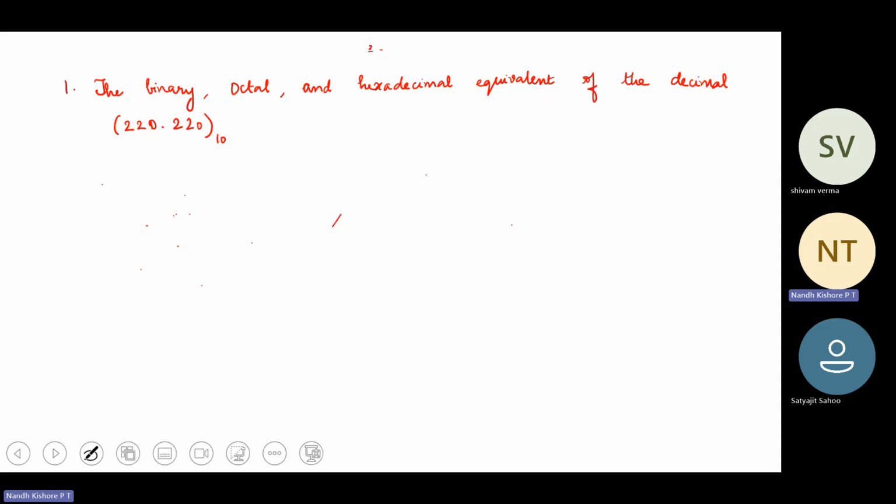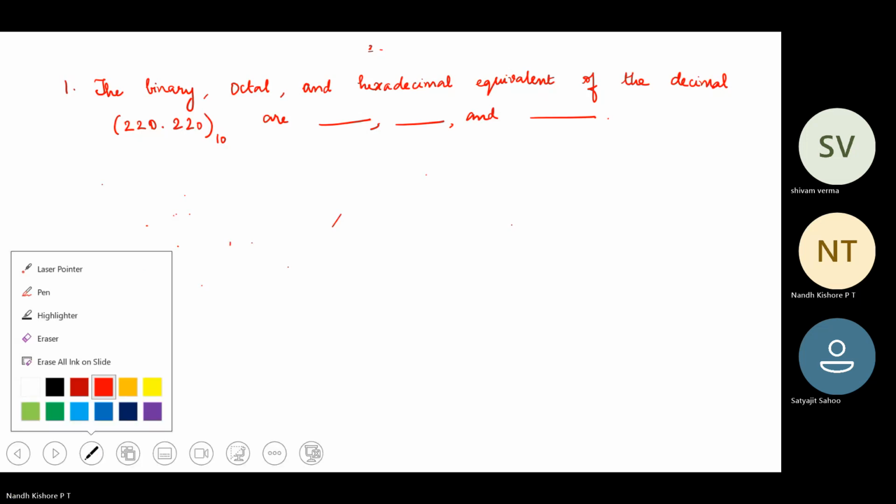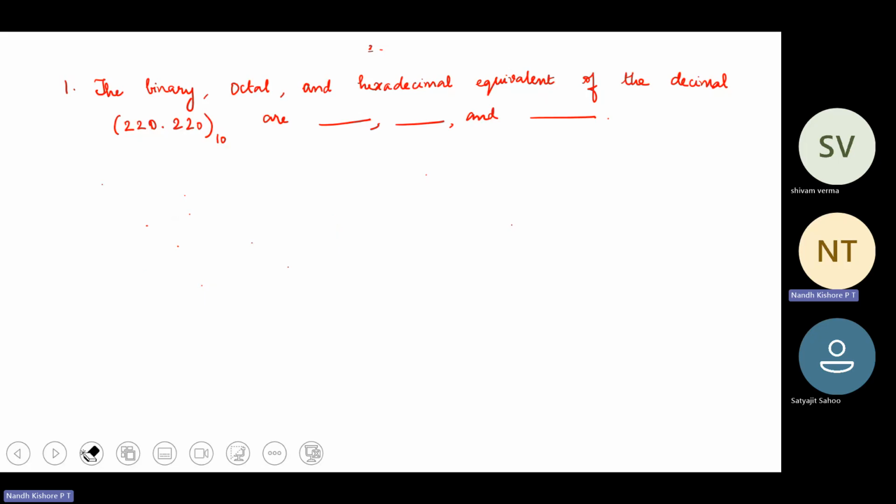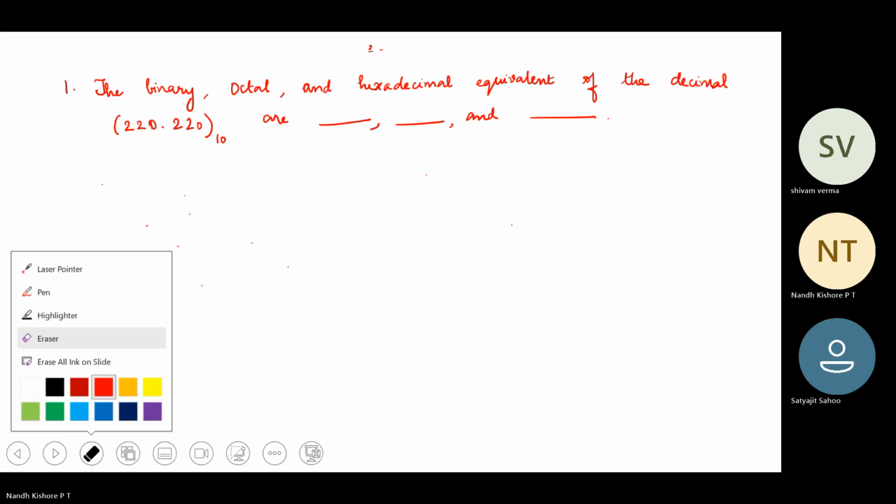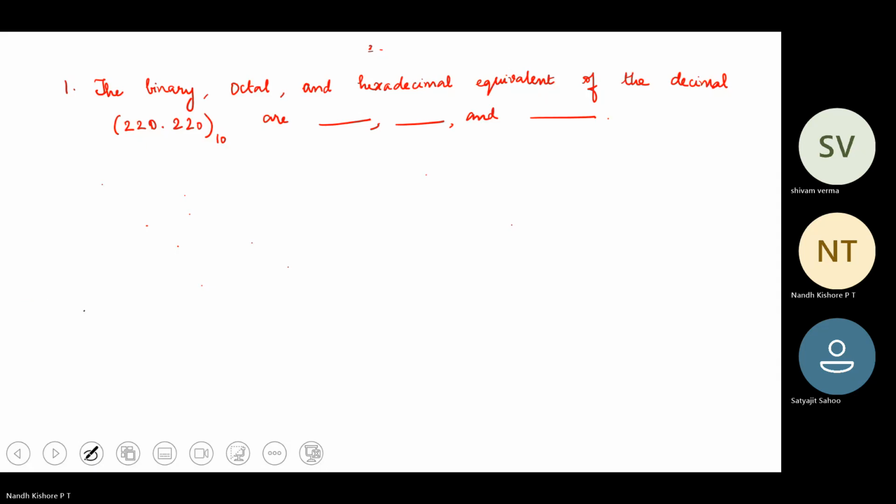220.220, right? So basically you need to convert this number to binary, octal and hexadecimal, all right? This is actually a very simple question. What will you do to convert anything to binary first?